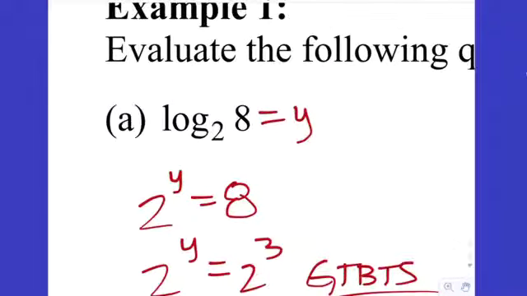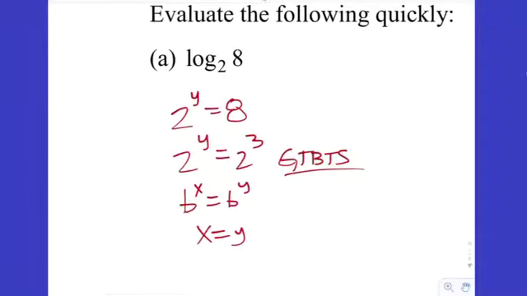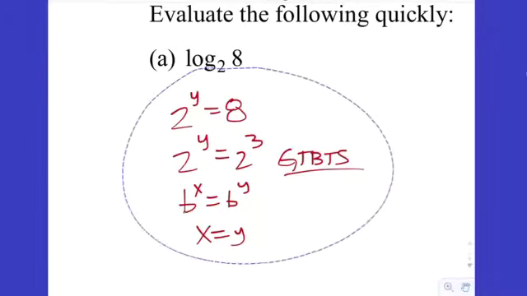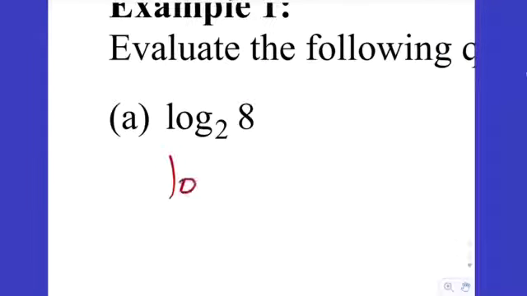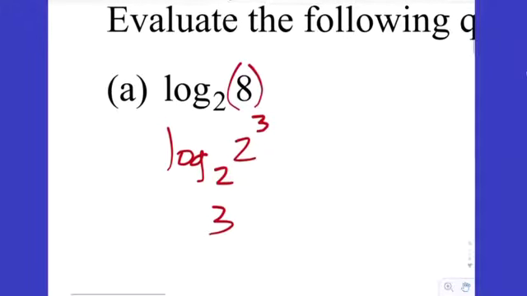Now, if you knew that, you wouldn't even have to make an equation out of it. Look what else you could do. Let's just shrink all this down. You could write it like this. You could say log base 2, and then you could work on the argument. Try to write it as a power of 2. That's equal to 2 cubed. Right? So now you're saying 2 to what power is 2 cubed? Duh, 2 to the third power is 2 to the third.